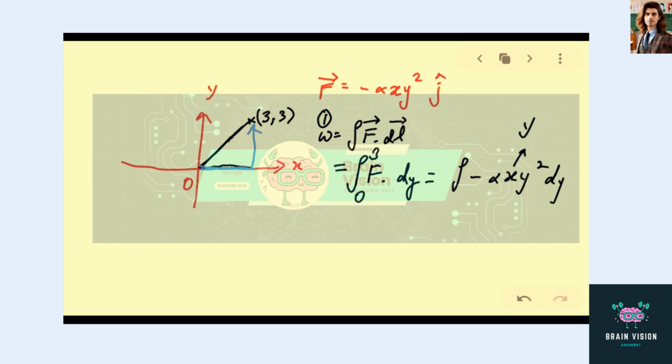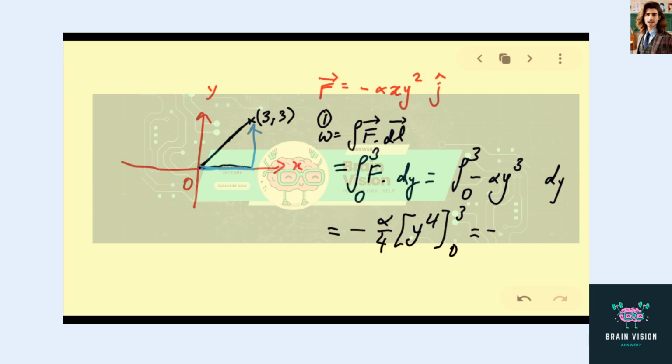We can substitute x to be equals to y, and therefore our expression for F can be simplified to negative alpha times y cubed, integrating y from 0 to 3. Now doing the integration, we should get negative alpha over 4 y to the power 4 from 0 to 3. And we get the work done is negative 50.6 joules.